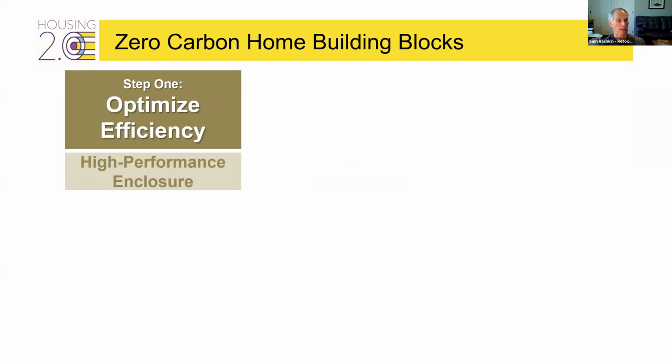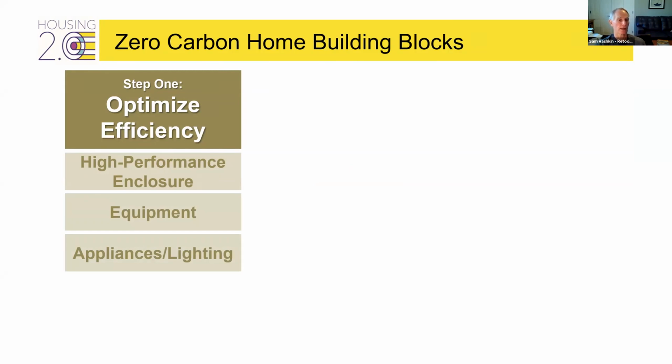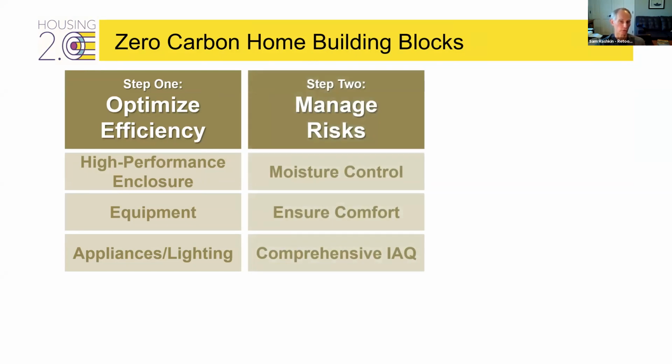When you do that, by the way, now more than half the energy consumption will be all the equipment and appliances and fans and lighting inside, so those have to be efficient as well. Step two, you have to manage those risks, which come along for the ride with the high performance enclosure. So we need comprehensive moisture control, comprehensive comfort, quality installation, and we need comprehensive indoor air quality.